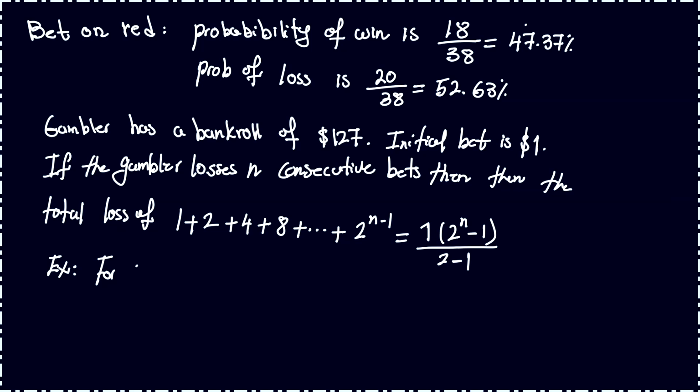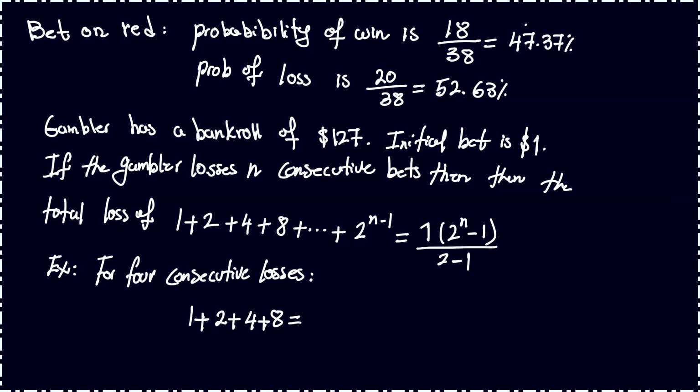So for example, for 4 consecutive losses, we have a loss of $1 in addition to 2, 4, and 8.